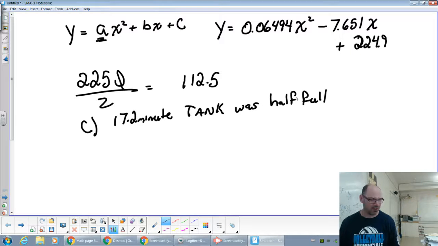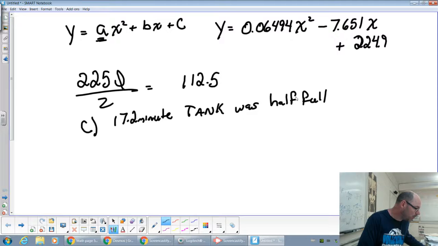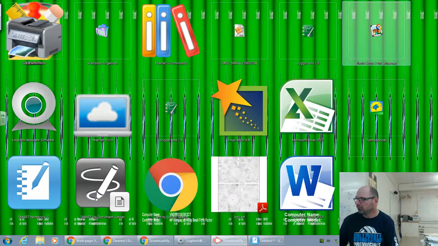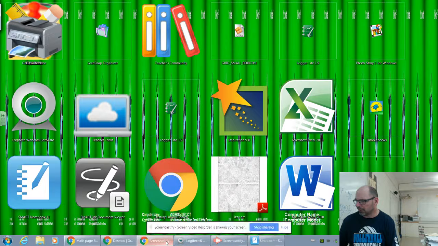Okay, now what we need for the last one is determine when the tank was empty. So that means when there's 0 for y. What is the y-intercept? I got to get back to decimals.